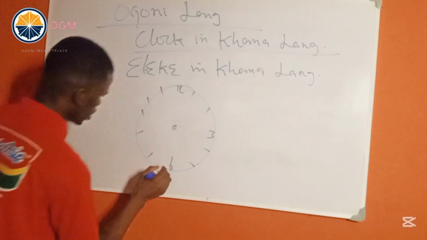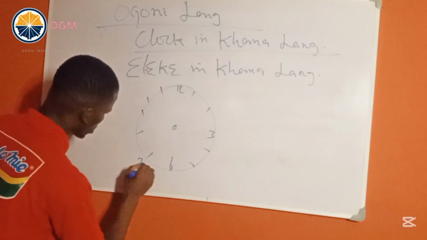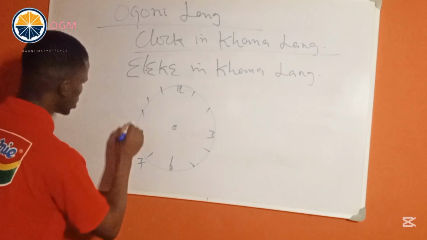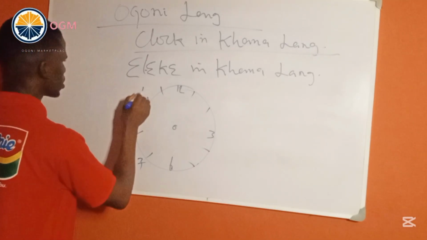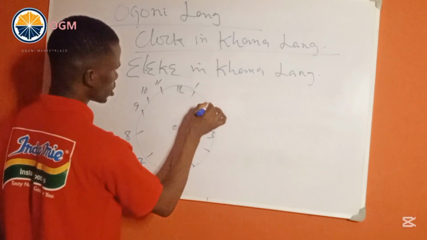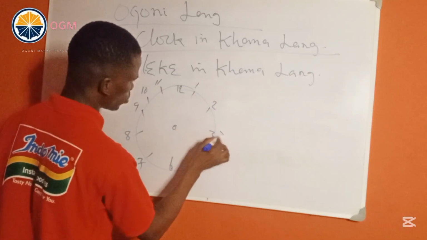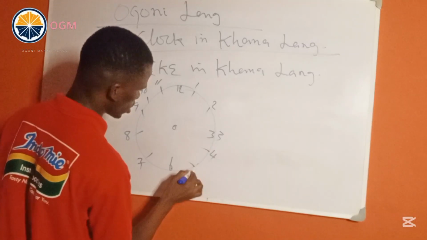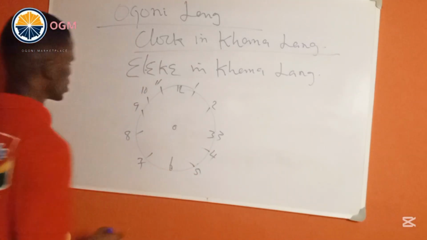So if here is 7, here should be 8, 9, 10, 11, 12. Here should be 1, here should be 2 o'clock, here should be 3, 4, 5, and this is 6.